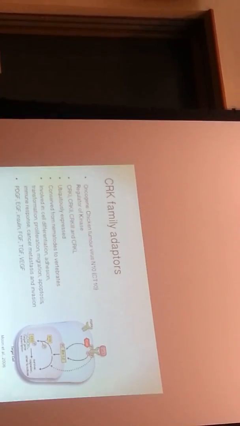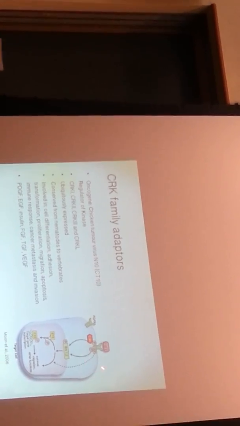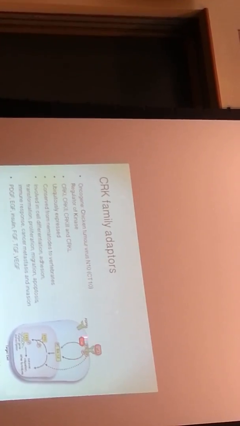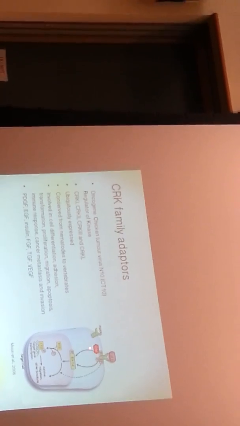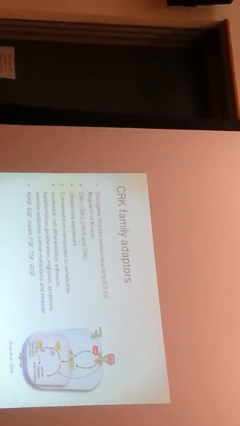As you see here, this is just an example, like for the FGF8 pathway, where this is the tyrosine kinase receptor, and CRACO is an adapter here, an intermediate point between the receptor and the downstream effector, which in this case is ERK1 and 2, that you may know, or MAP kinases.